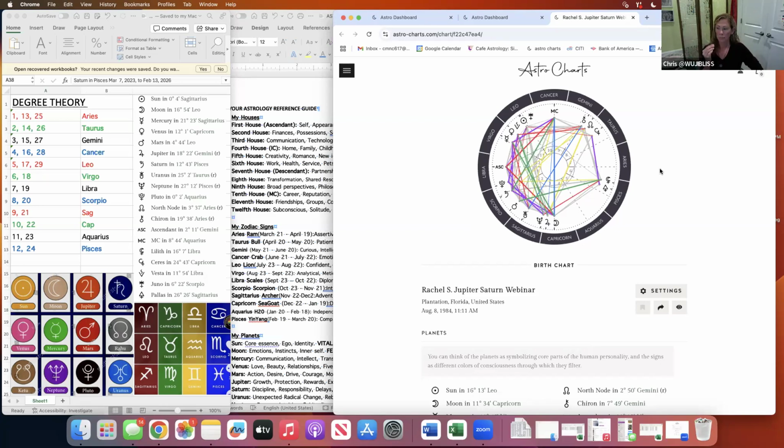Pisces is one of the zodiac signs that really leans into the subconscious and spirituality and faith in the unseen, our inner instincts, our intuition.